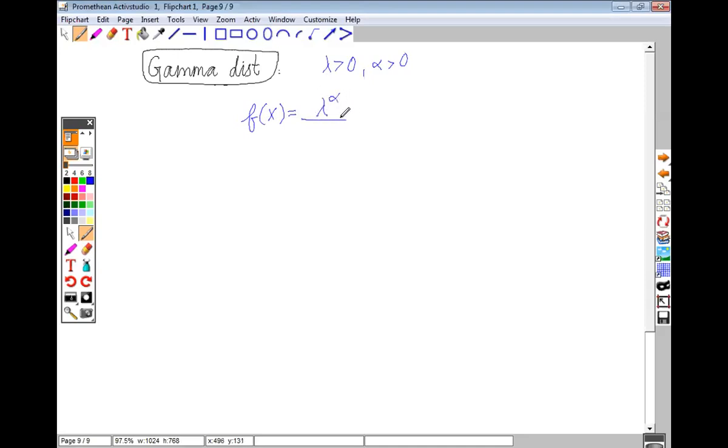Even I don't remember this, I'm just copying it from the book. x raised to alpha minus 1 times e raised to minus lambda x. This holds true only for x greater than 0. And if this is the case, we say that x follows the gamma distribution with parameters alpha and lambda.